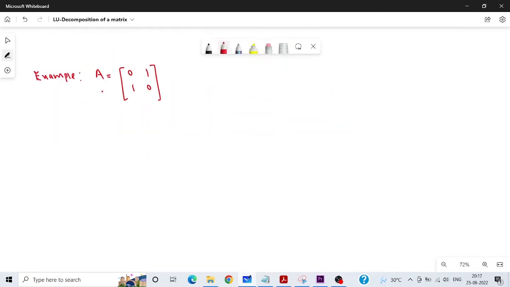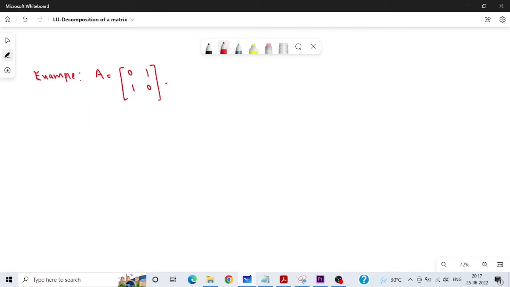Now consider this matrix A, which is a 2 cross 2 matrix with entries 0, 1, 1, 0. This matrix A cannot be decomposed into a product of two matrices LU, where L is a lower triangular and U is an upper triangular matrix. So let's try to find the LU decomposition of this matrix.